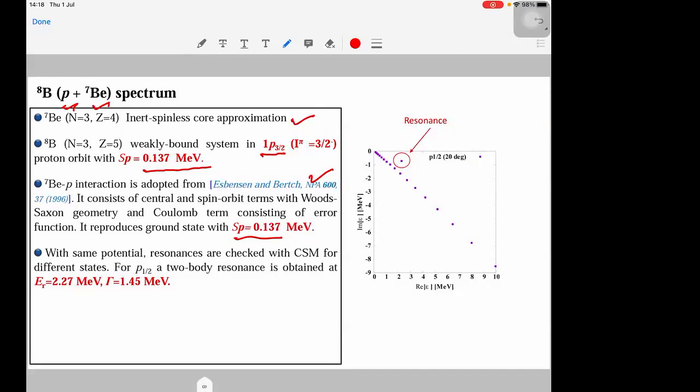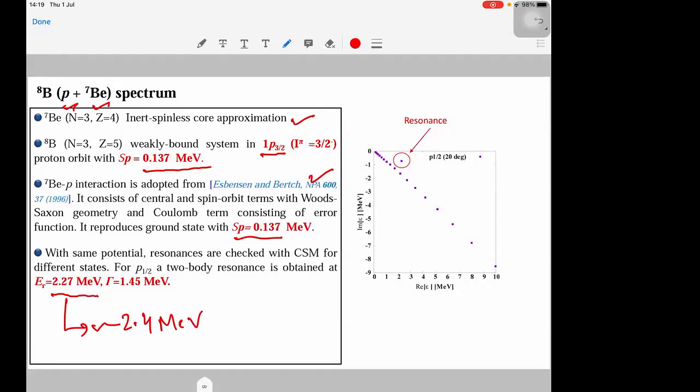So one can see the isolated resonance from the non-resonant continuum. And this 2-body resonance is obtained at an energy of 2.27 MeV above 0. But if we see it with respect to the 1 proton separation energy, then it is around 2.4 MeV with a width of 1.45 MeV.